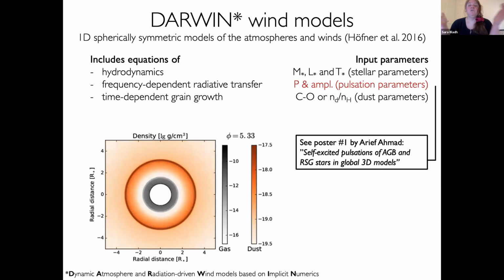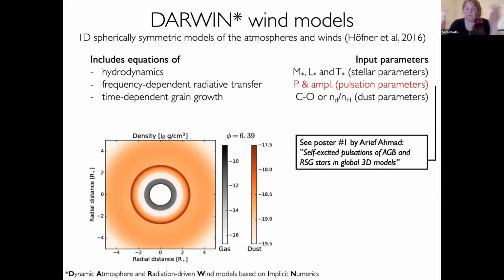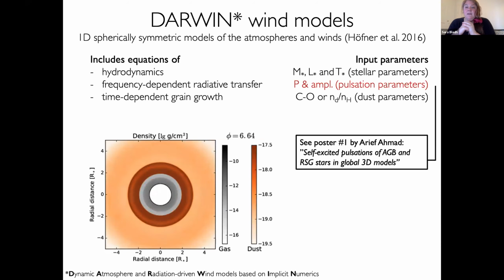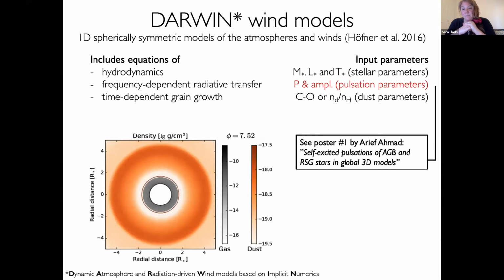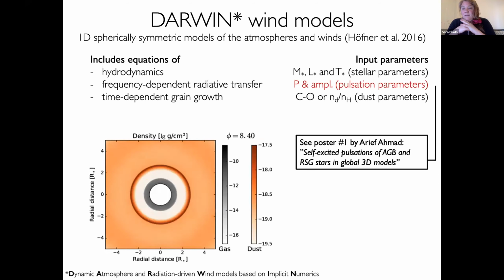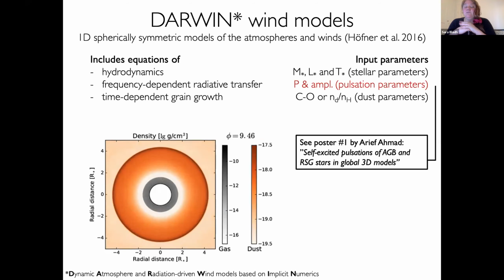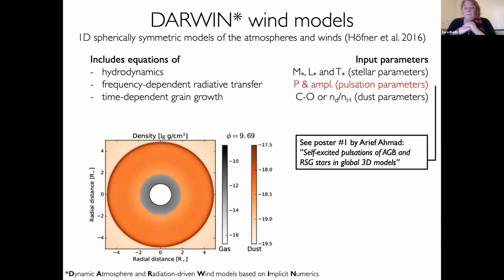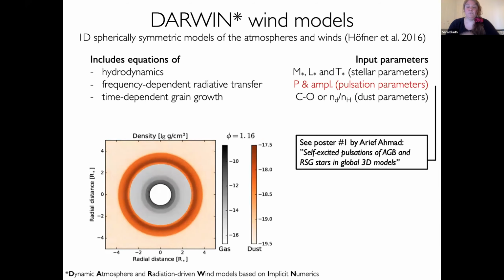And then you vary the inner boundary to simulate a pulsating atmosphere or pulsating star with pulsation parameters describing the period and the amplitude. One of the main scientific goals of X-Wings is to improve this description by using a combination of 3D models and observations.